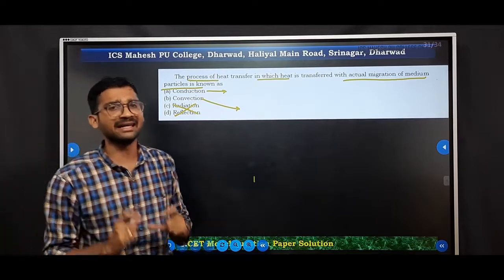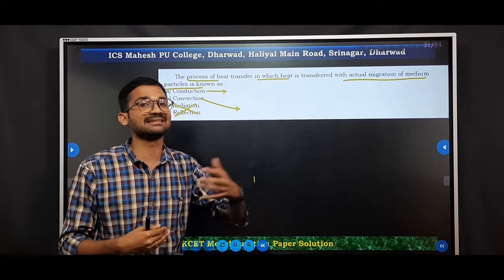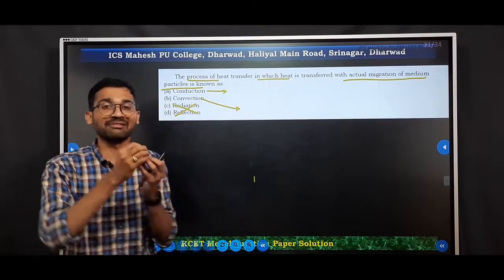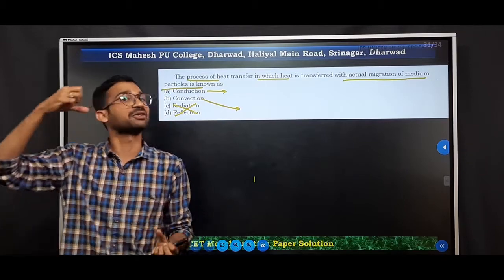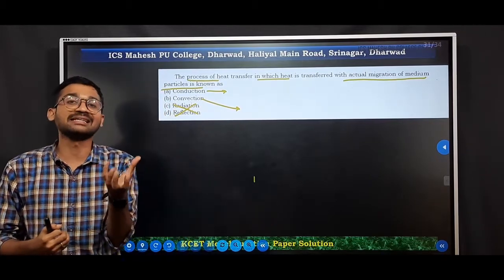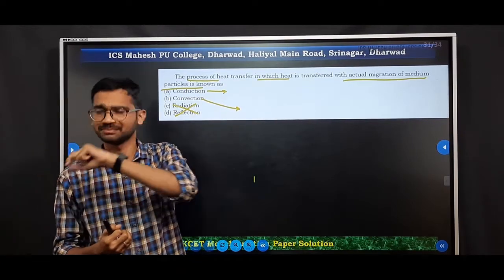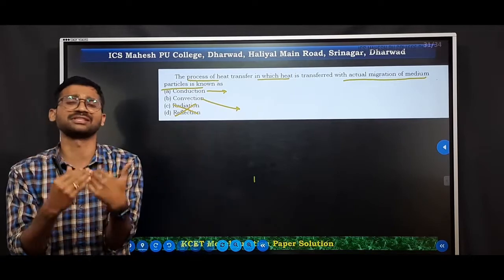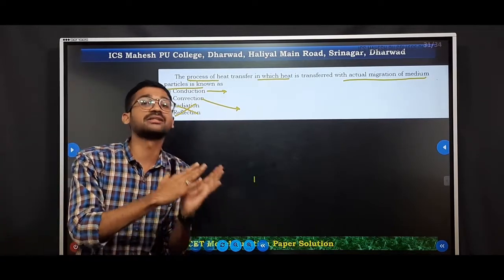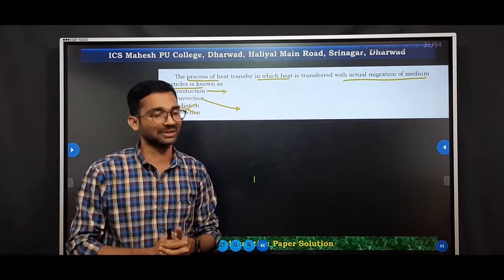A very standard example from the NCERT is the sea breeze and the land breeze. Otherwise, take a hot cup of tea: we observe some steam coming out of it. That is also an example of convection, because the tea is hotter, and we get the steam into our surroundings, which are at a lower temperature, meaning there is a transfer of heat from the hot cup to the surroundings. That is nothing but an example of convection.